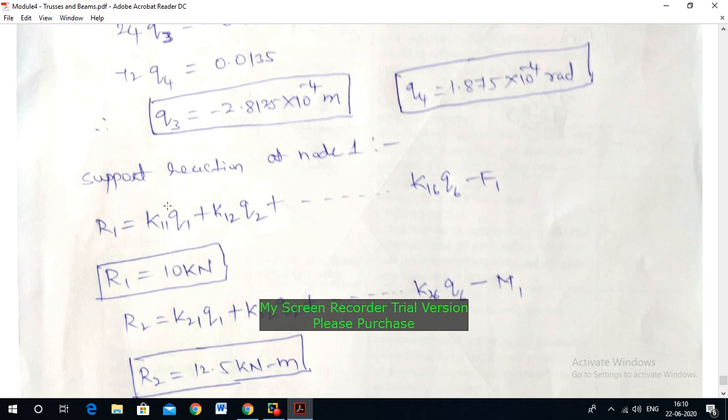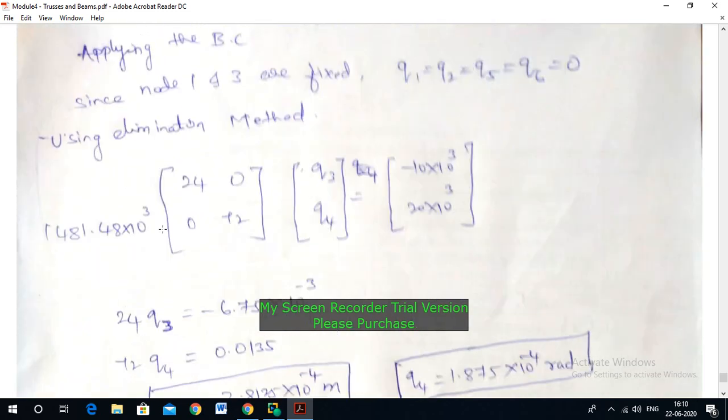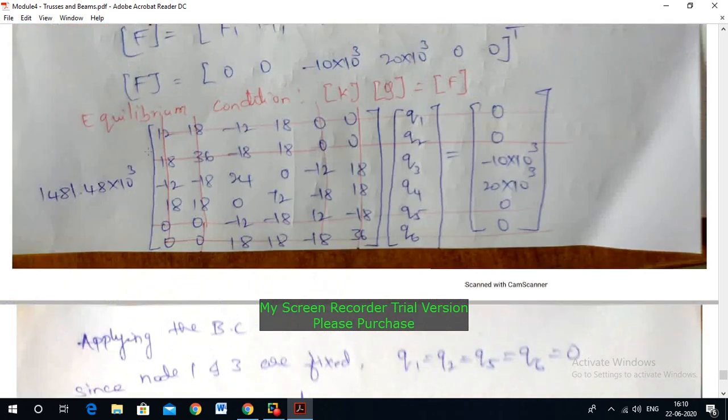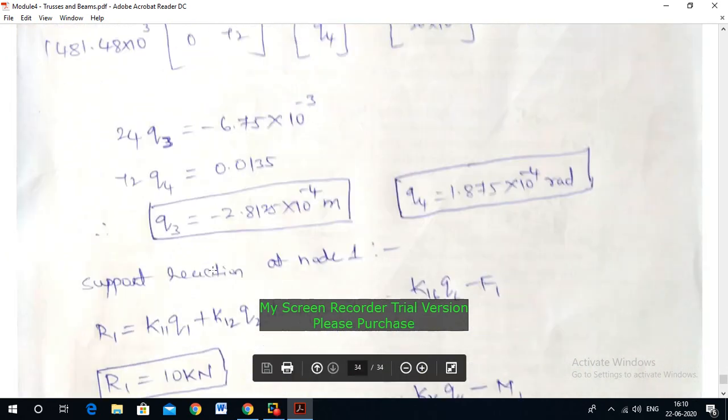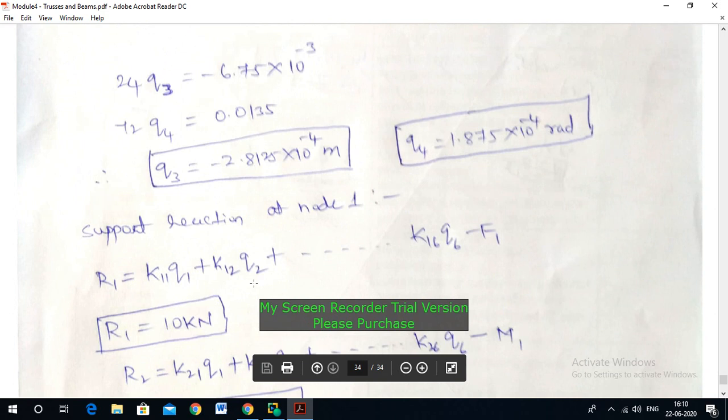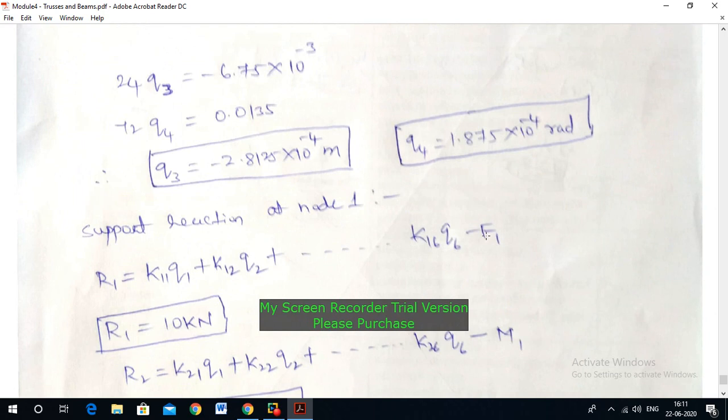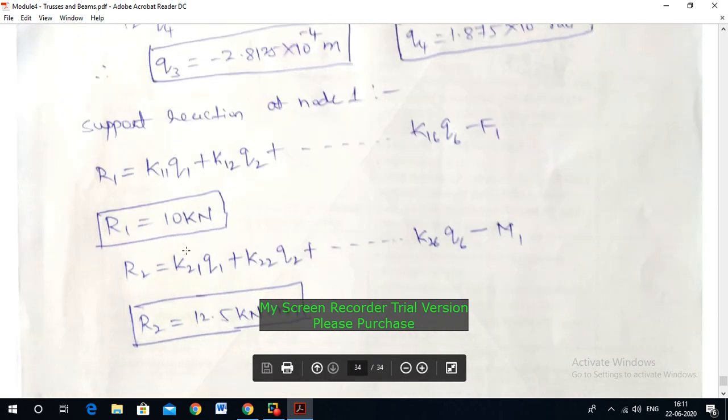K11 is nothing but the element in the global stiffness matrix, first row first column element, 12, into Q1 which is 0. Similarly, you can take the elements from the global stiffness matrix multiplied with the corresponding displacement values up to K16 Q6, and subtract F1, and after simplification I will get R1 equal to 10 kilonewton.